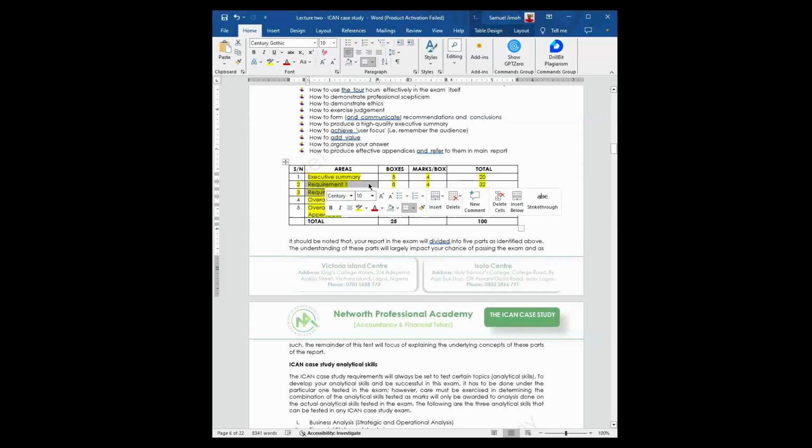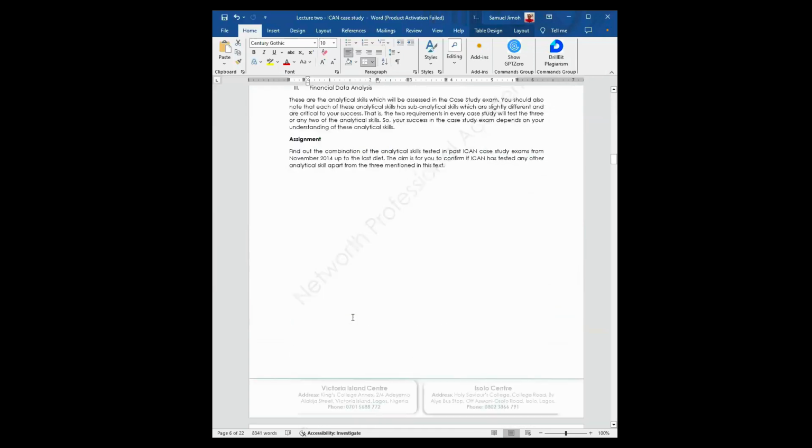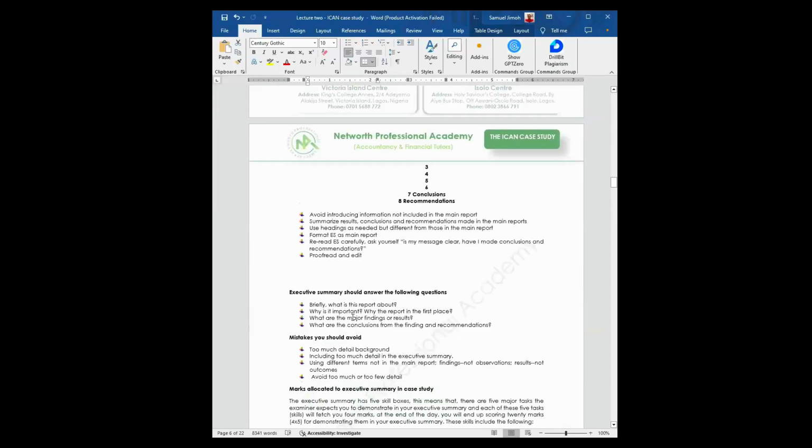One thing is that we will also be considering how we can use the 3 analytical skills in writing the body of the report. That is how each of the 3 analytical skills is applicable to the body of the report. They also form the body of the report because you use them to solve it.